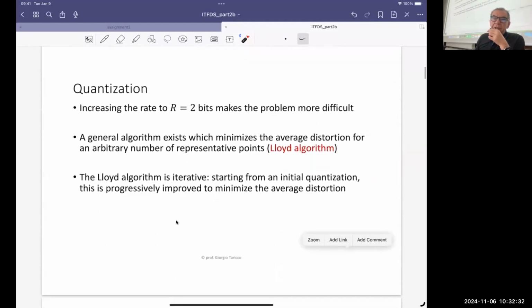At this point, we want to see if by increasing the number of quantization bits, that is what we call the rate, and if we increase the rate to 2 bits, we want to see what happens to the distortion. Well, we can see that analytically, the problem becomes more difficult.